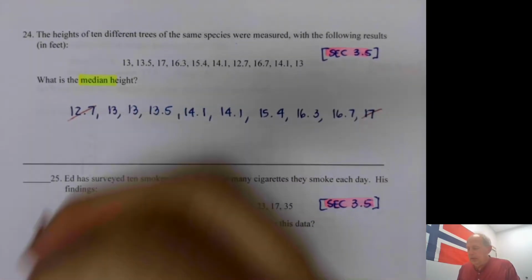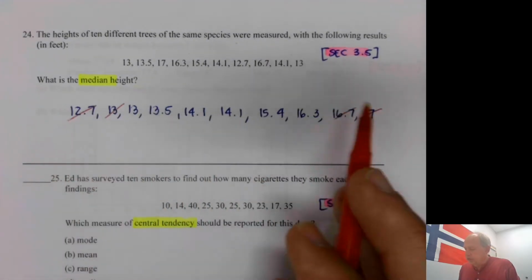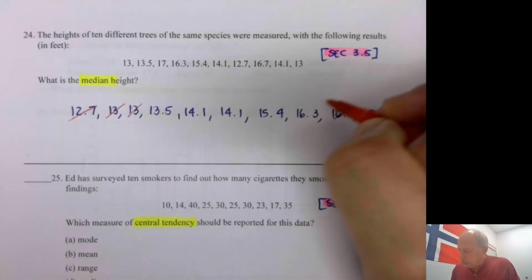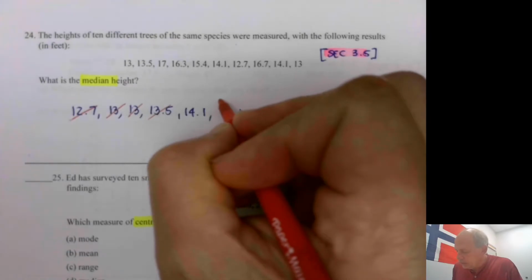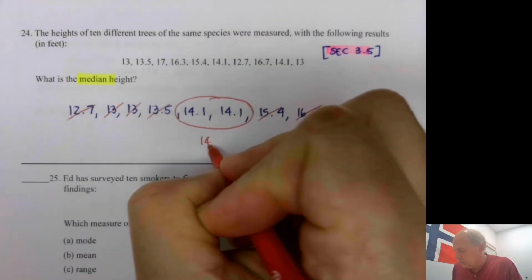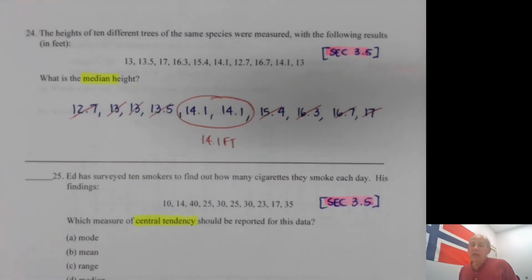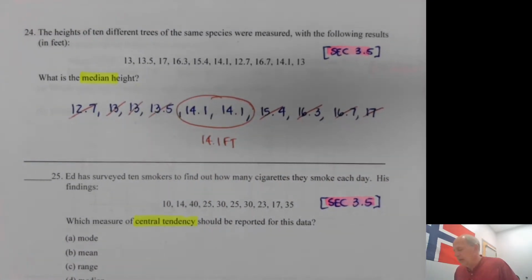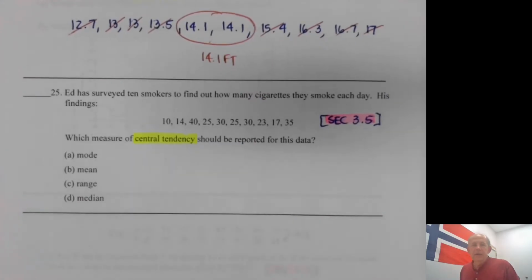So I'm going to start eliminating my data points from smallest tree to tallest tree: second shortest, second tallest, third, fourth shortest, fifth, or fourth tallest. My median is 14.1 feet. Those two values are in the middle. I have 2 values because I have an even number of data points. If these were different, I would average those 2 values, but 14.1 is my median.